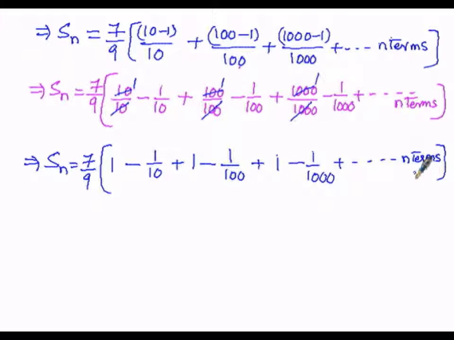Then the next logical step: S of n is equal to 7 divided by 9 bracket. Let us see only the alternate terms. So the first term is 1, the third term is plus 1, the next fifth term is plus 1, and similarly so on. The odd terms, that is 1, 3, 5, that is the first term T1, T3, T5, T7 and so on, they are 1 each, with positive signs.